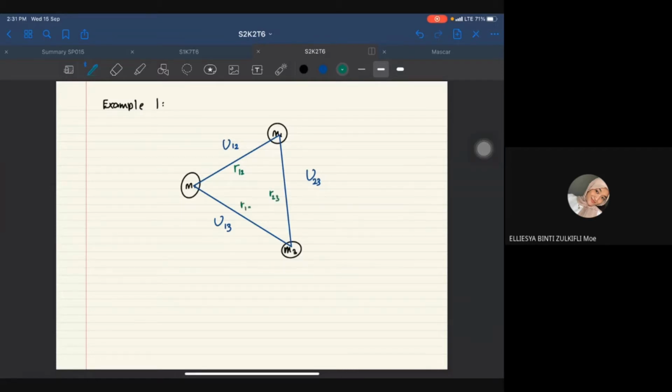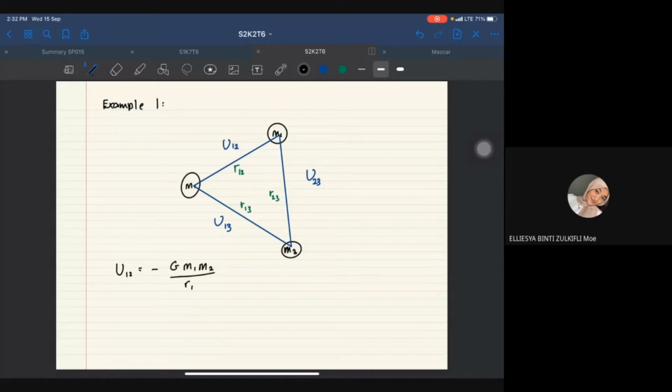Okay. So if they want to calculate individual pairs punya potential energy, it will be U, contoh 12, will be equals to negative, jangan lupa, G, mass of 1, mass of 2, the distance of R1 and R2. Berapa dia punya distance center to center.